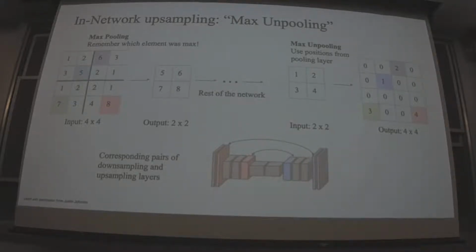One thing that was used more often in older fully connected networks was to have, wherever there was a pooling operation, an unpooling operation. So if you're doing max pooling, then you would do max unpooling.